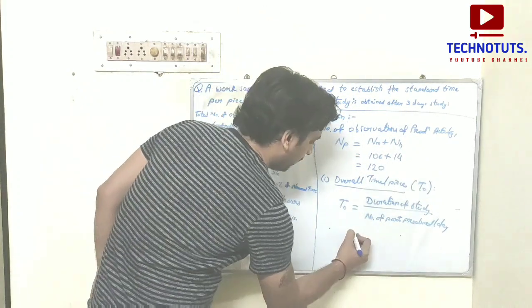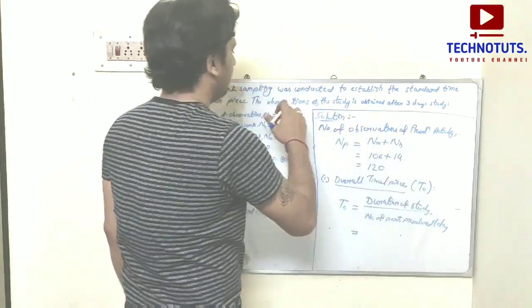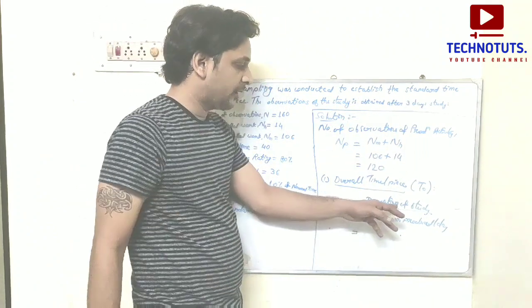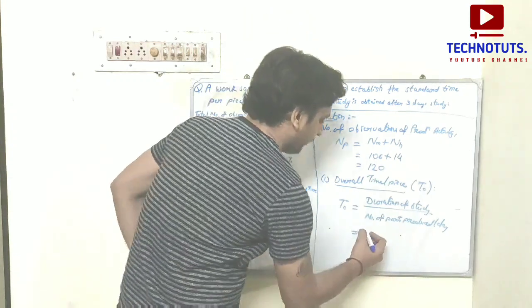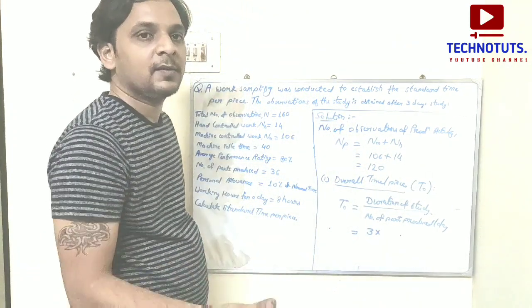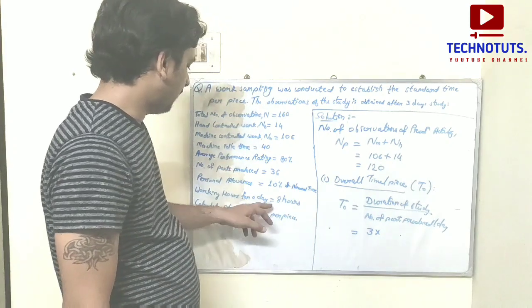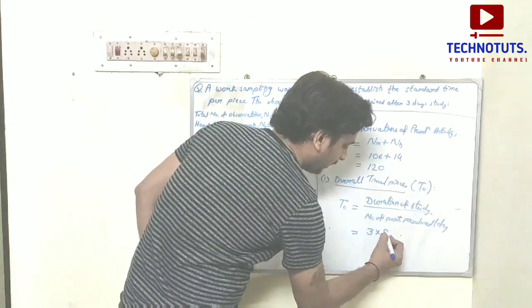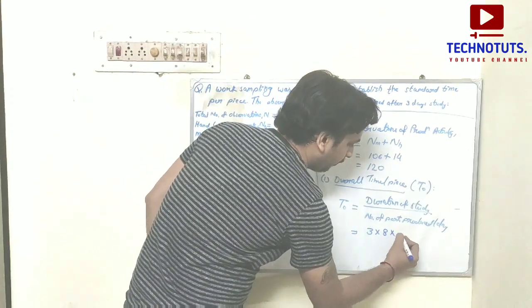So here the duration of study, we know that the observation of the study is obtained after 3 days. That means the duration of the study is 3 days. In one day there are 24 hours, but the number of working hours is given in the question that working hours for a day is 8 hours. So in one day 8 hours is the work shift, and in 1 hour 60 minutes is there.